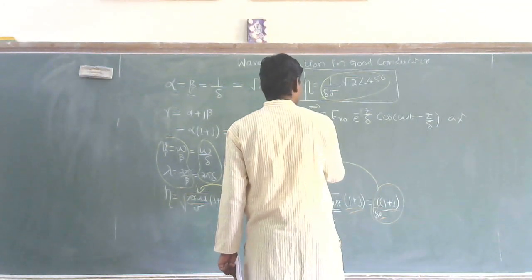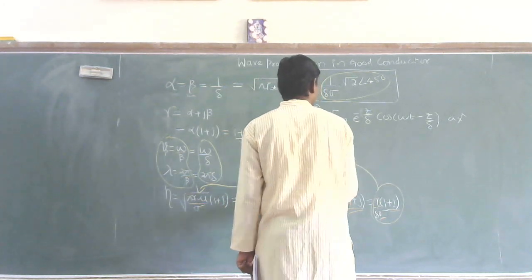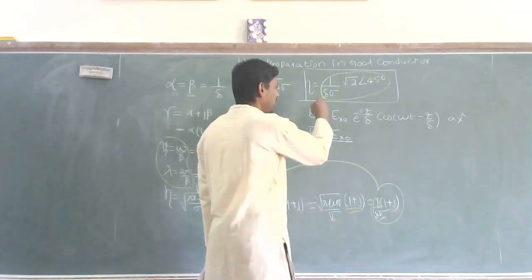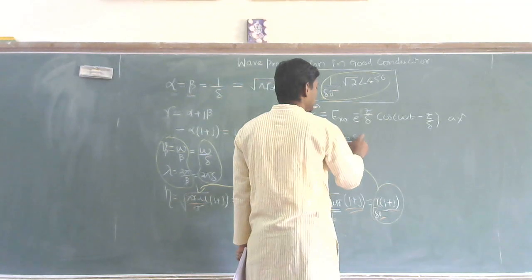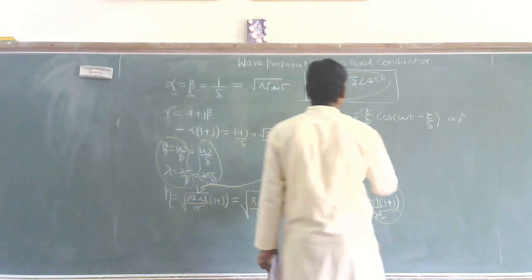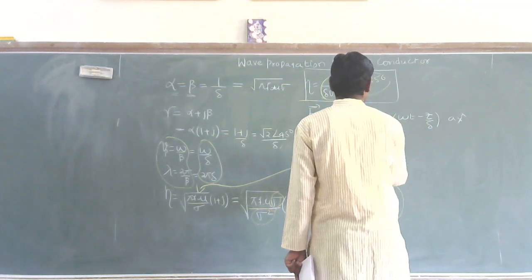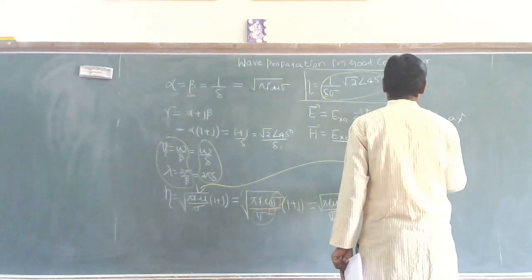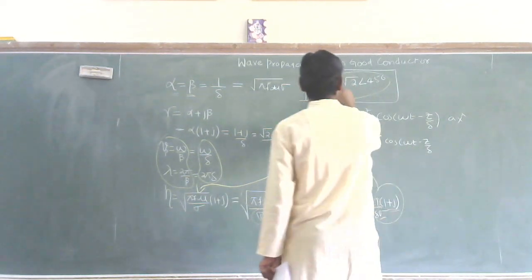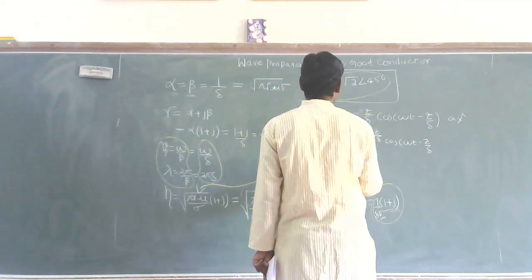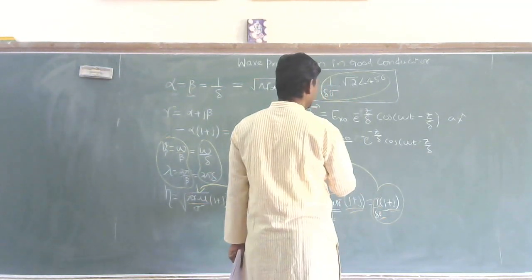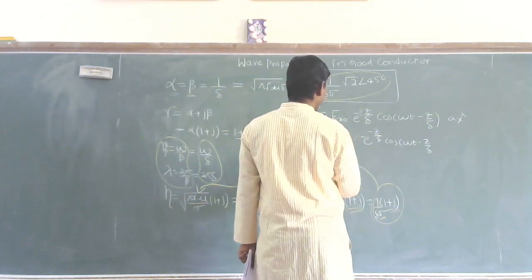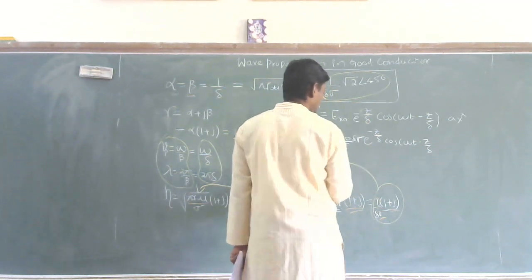Similarly, the magnetic field is given by Ex naught divided by the magnitude of intrinsic impedance, which is given over here, which is delta sigma, into e to the power minus z by delta cos of omega t minus z by delta. Even this comes into the picture. I'm sorry, it is root 2 divided by that which will jump over here, so you have a root 2.